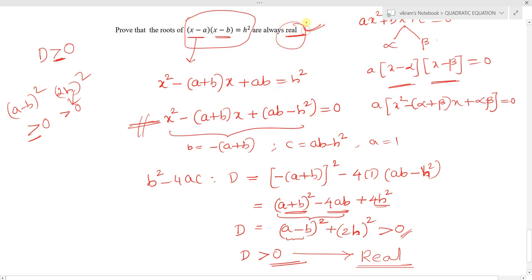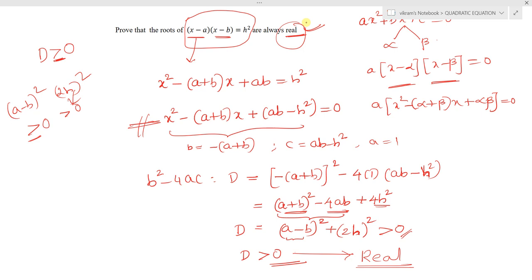So this is the way of finding. If any quadratic equation is given and asks us to show or prove that the roots are real, equal or complex, then we need to find the discriminant. Now analyzing the discriminant, we can clearly say that the roots are real.